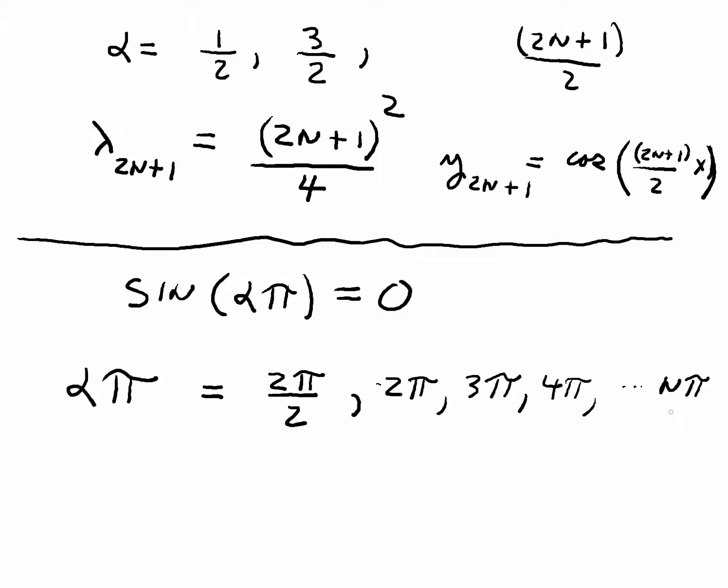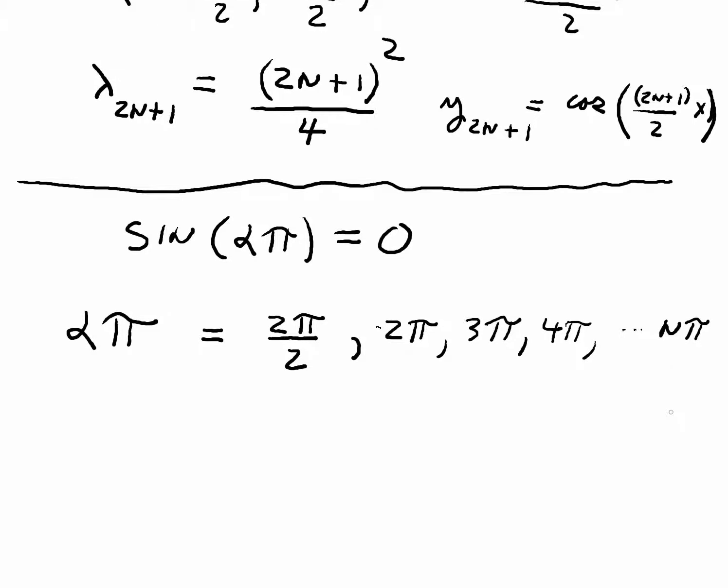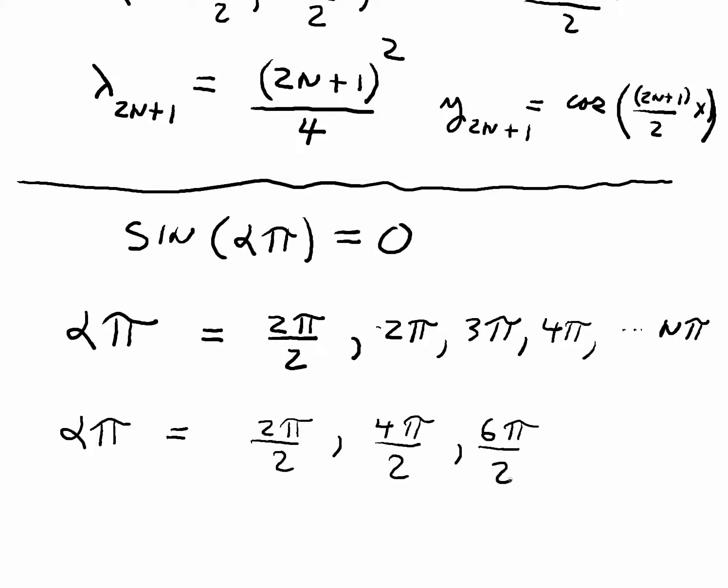Okay? But I want to rewrite this in a different way. I just want to write that that's the same as saying when this is equal to 2 pi over 2, 4 pi over 2, 6 pi over 2. So I'm really just multiplying the numerator and denominator by 2.